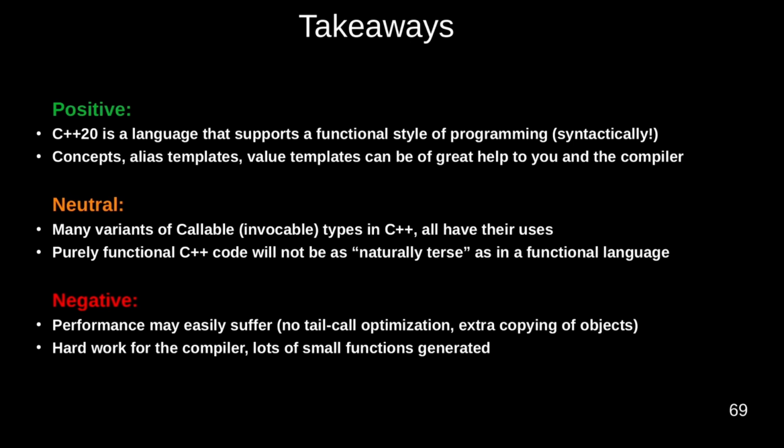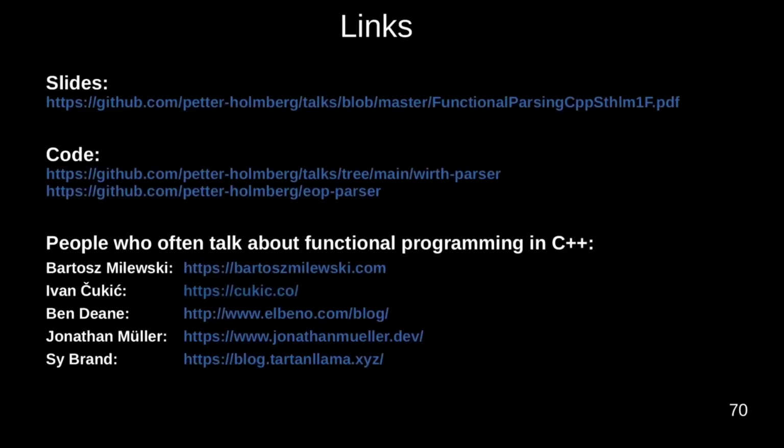Also, if you think about it, there are all these little lambdas created. So if you try to compile it in debug mode, you'll get megabytes and megabytes, I think a 25 megabyte binary for this very small program. So yeah, there are problems.